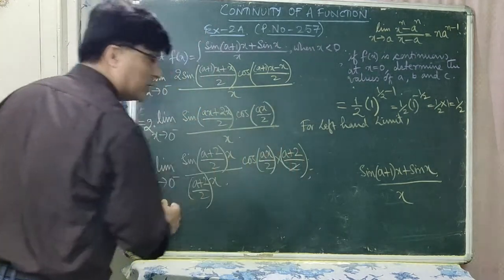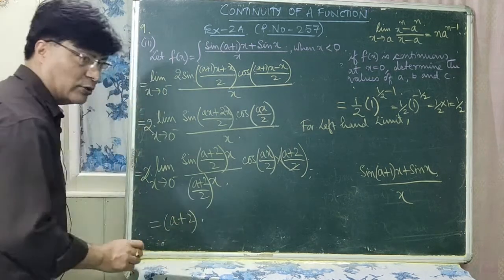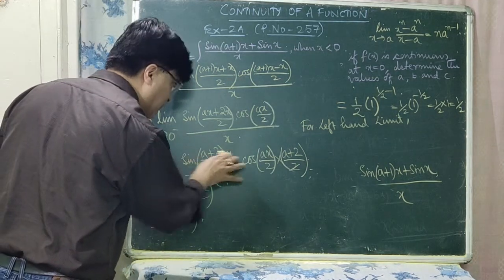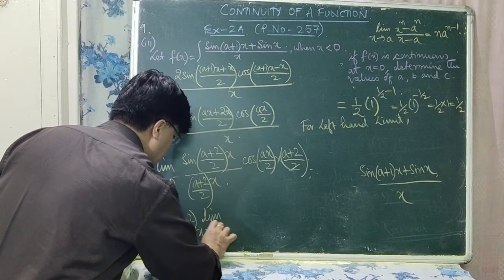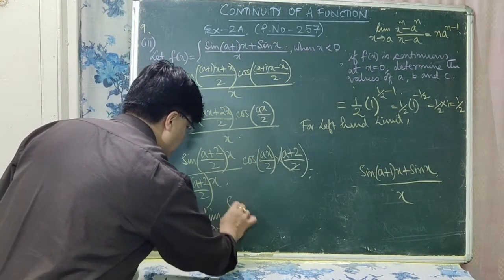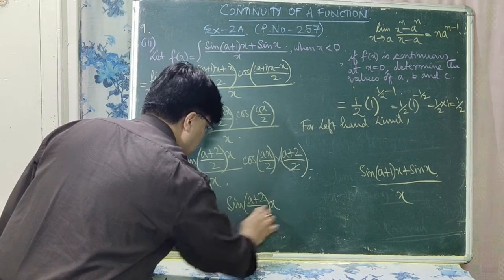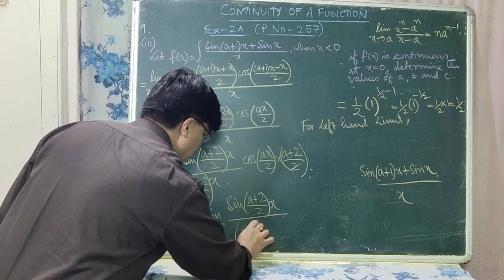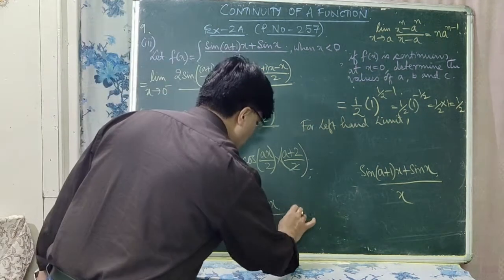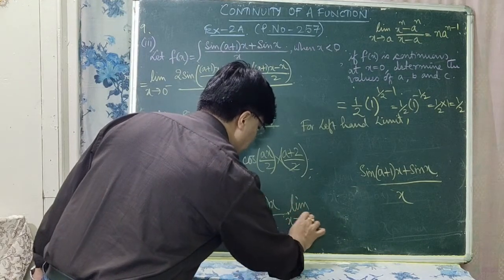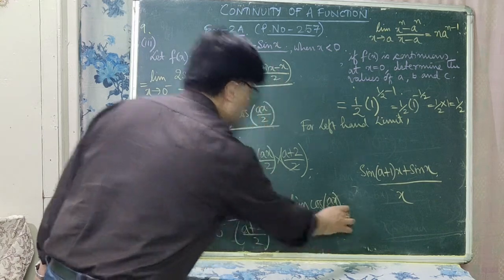Again, this a plus 2 is constant, take it outside, which is equal to a plus 2 into, so write down the limit for this standard form and this expression. Okay, so limit x tends to 0 minus sine of a plus 2 by 2 into x divided by a plus 2 by 2 into x, into limit x tends to 0 of cos ax by 2.